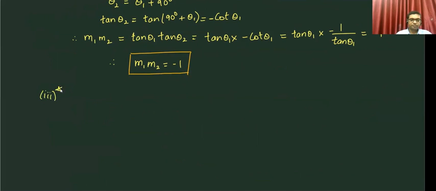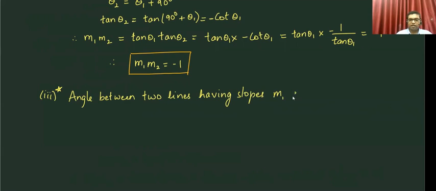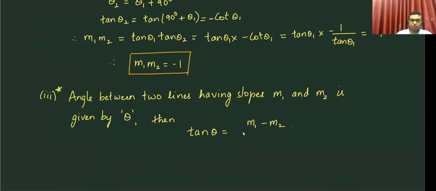The angle between two lines having slopes m1 and m2 is given by theta, then tan theta is m1 minus m2 by 1 plus m1 m2.